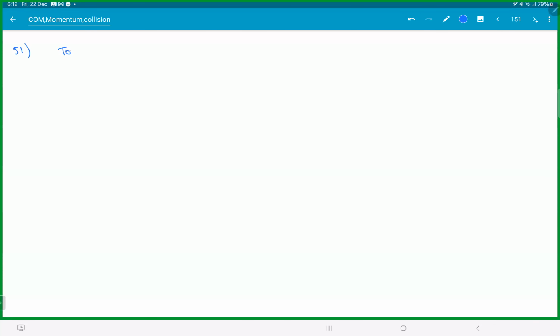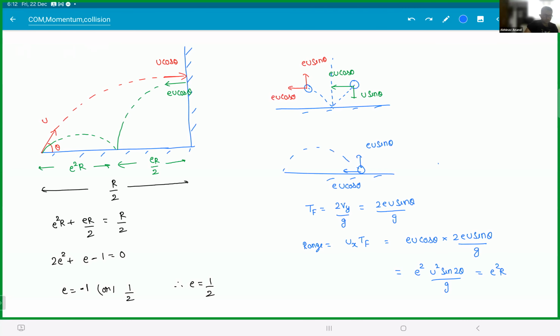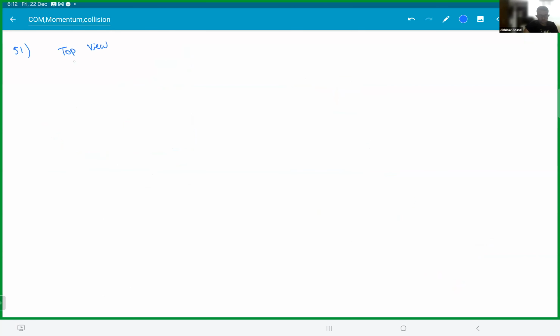Top view. Can you go back for a minute? Yes, sir. Thank you. We have a coin here, mass 3m, radius r, speed u.